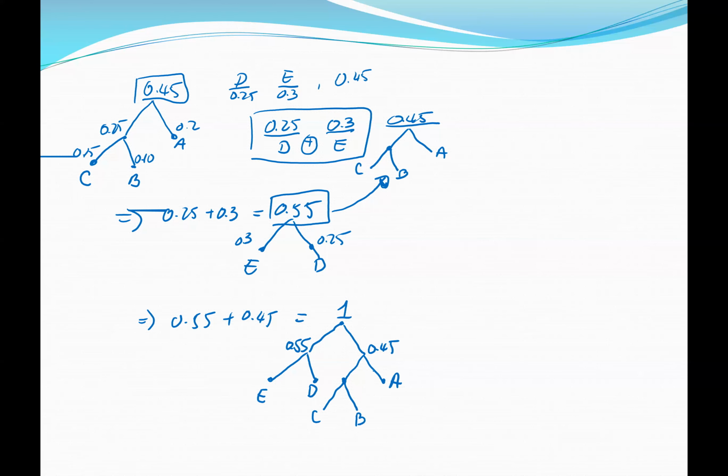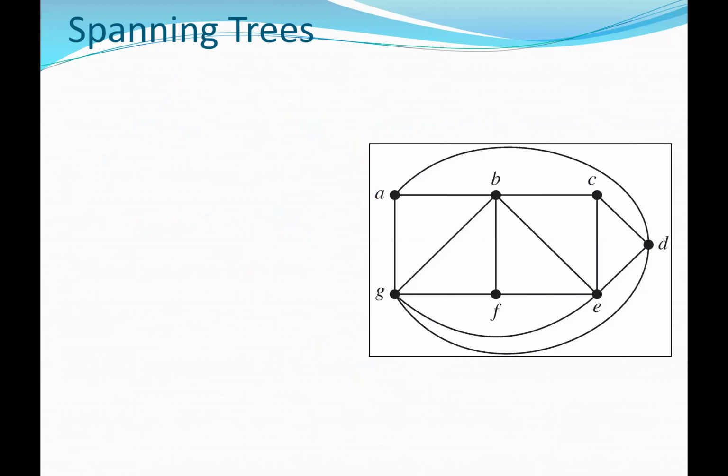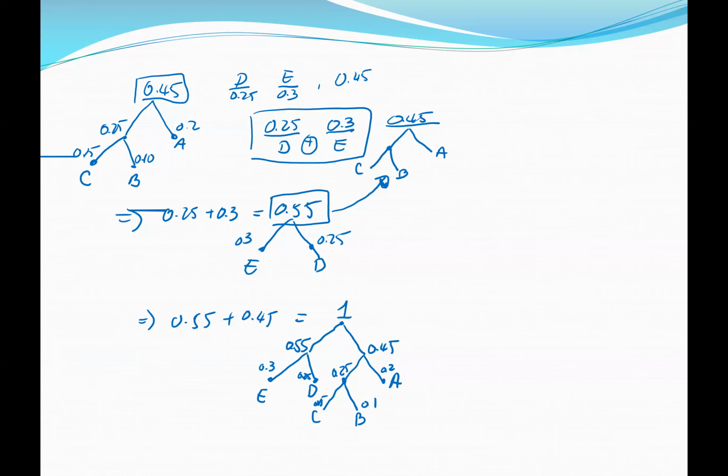Okay. So it contains 0.25 here, and then 0.2 here, 0.3 here, 0.25 here, and 0.15 here, and then 0.1. So this is what we have.